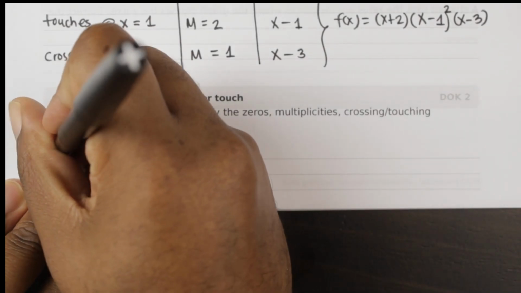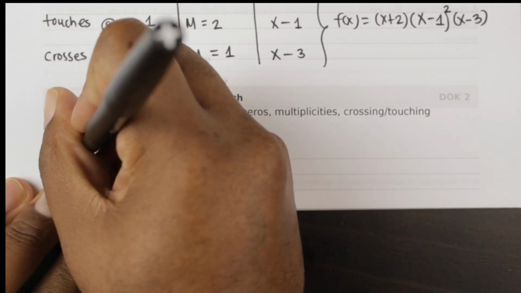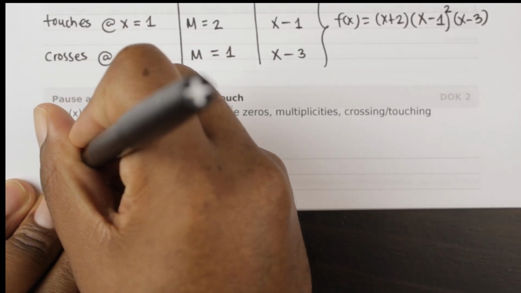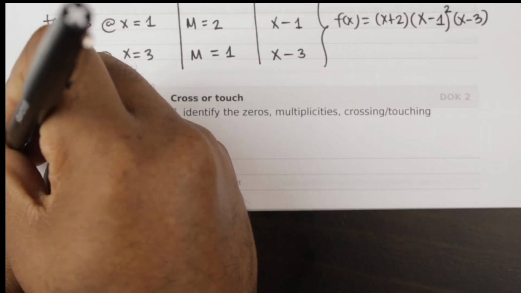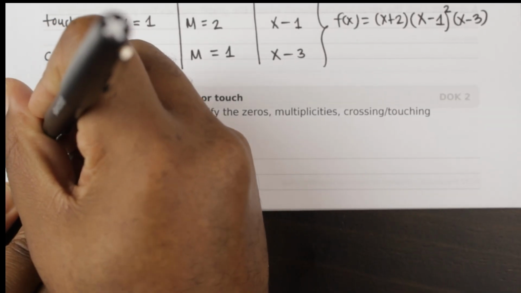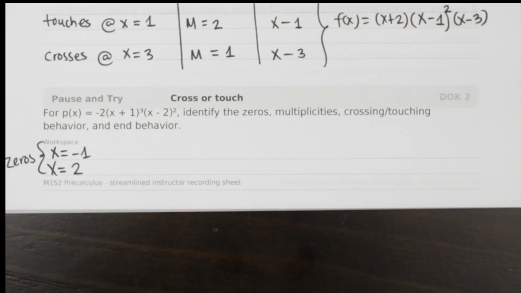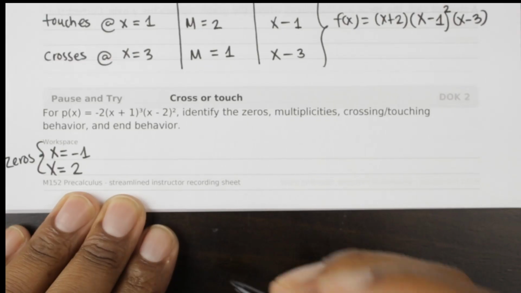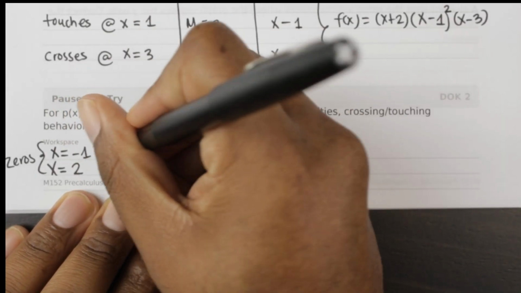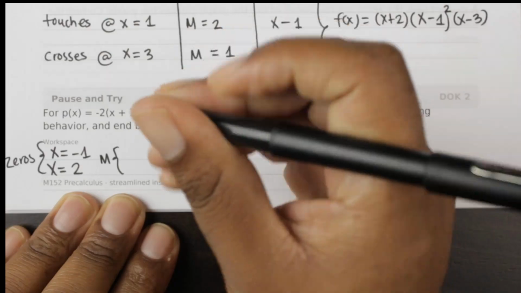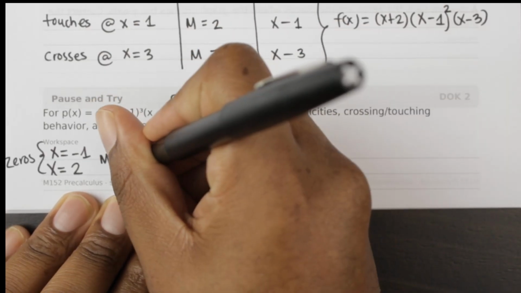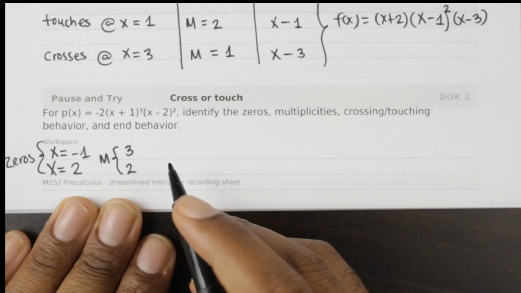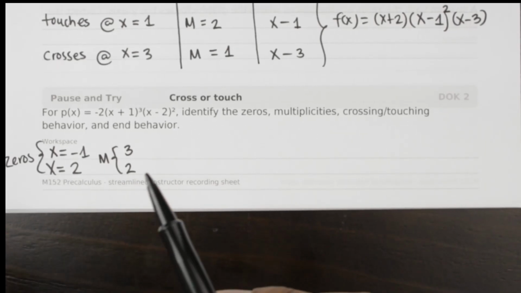So x equals -1 and x equals 2, those are the zeros. Okay, so we have our zeros. The multiplicities, we have a multiplicity of 3 and a multiplicity of 2. Okay, so multiplicity of 3 in this case and a multiplicity of 2 in the case for this one.